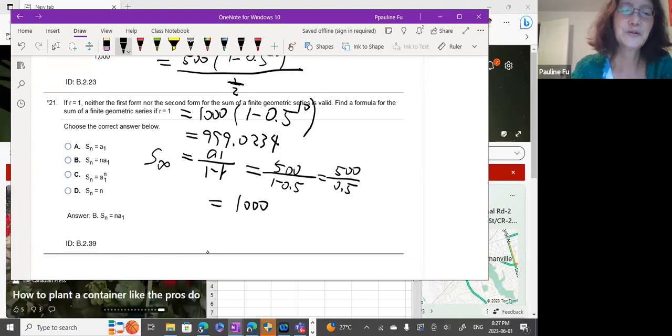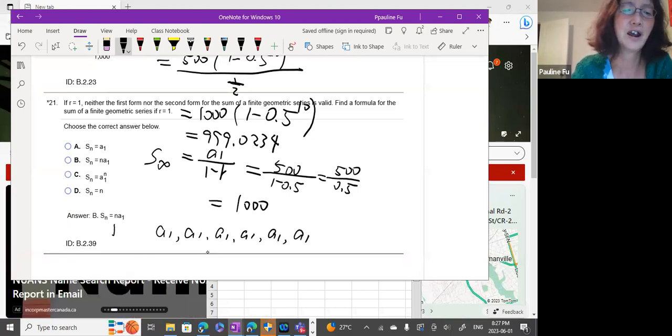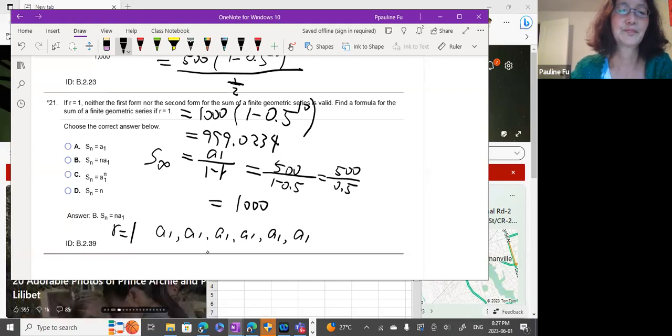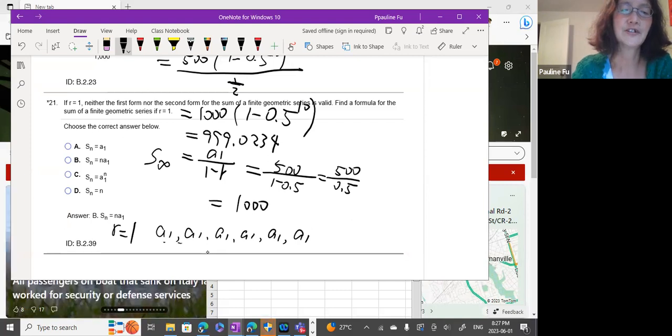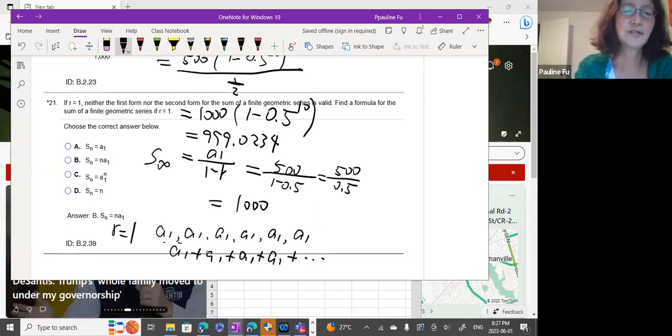R equal to 1 means the second item over the first item is 1, so the second item equals the first item. All the items equal the first item. The sum naturally becomes A1 plus A1 plus A1 plus A1 and so on. So how many A1? You have N A1. So this is the formula.